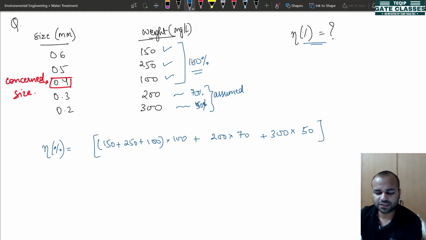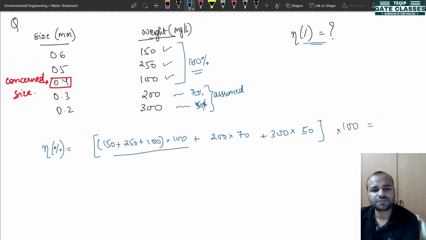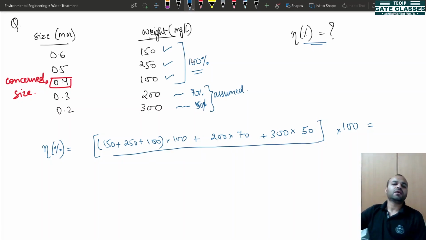Take the weighted average, multiply it by the percentage, and you will get the answer. This will give you the weighted average, or you can directly take it in terms of percentage by dividing each value by 100, and then you can do it that way also.